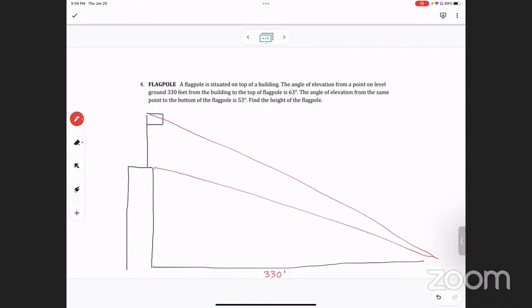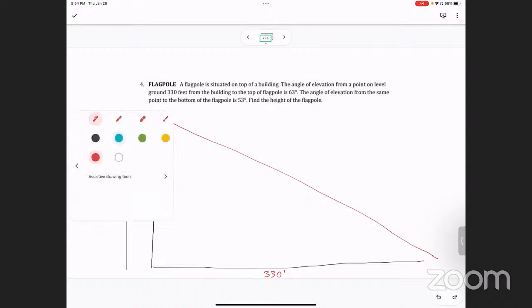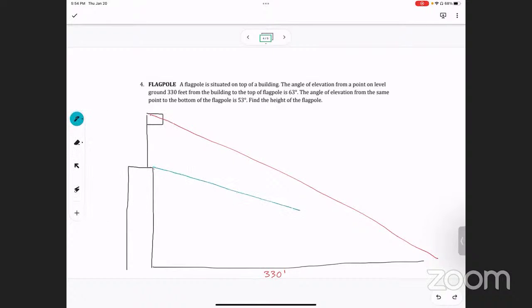And again, what is the angle of elevation? Here, let me redo that one in a different color so we can color code these things. Okay, so angle of elevation, remember, it's this right here. It's the same as the angle of depression. So that angle is the same as that angle. That's your theta 1.